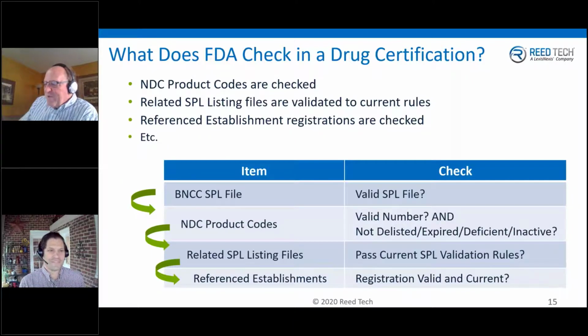But there could be a hiccup here where a particular SPL listing file met validation in the past, but now it doesn't. So that is one of the items that you need to be aware of. And lastly, I just highlighted another major area where those reference establishments that are linked to this particular activity are checked to make sure that the registrations are valid and that they are current.